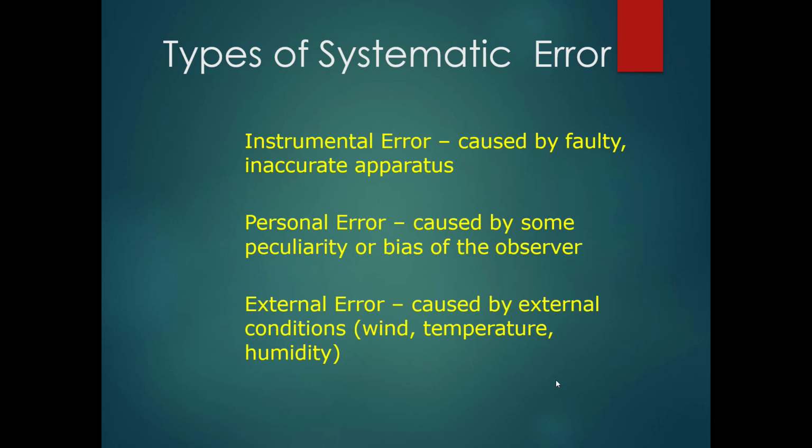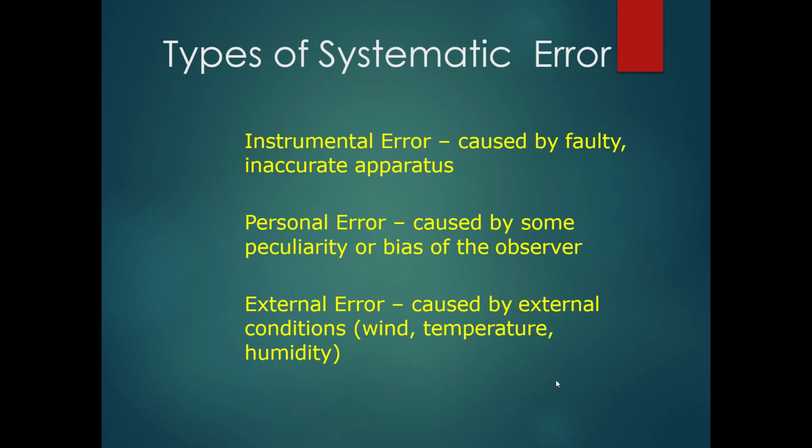If you already know that this instrument provides a result 2 kg greater than the true value, then you can easily rectify the measured value and get an idea of the measuring quantity. So this is an example of instrumental error.